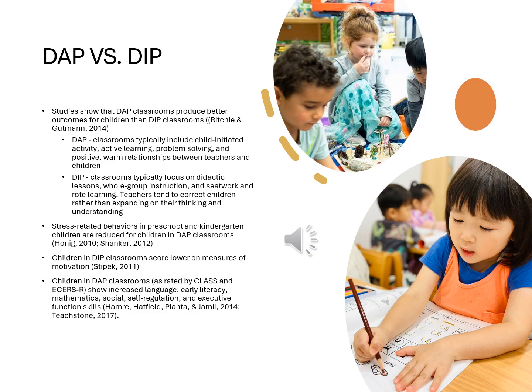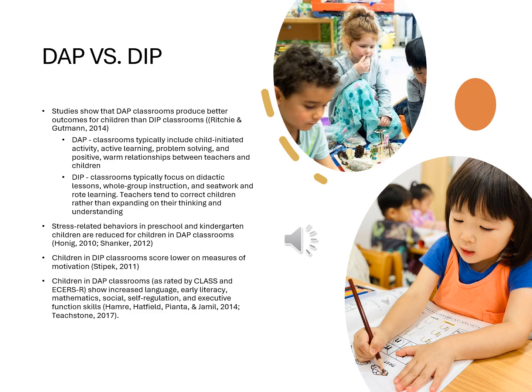So they're not really getting any academic benefit. They don't do better on math and reading and writing, but they do worse on motivation and social-emotional things like stress. So we're not really getting any bang for our buck, and we're potentially doing harm to other developmental areas when we use less appropriate practices.